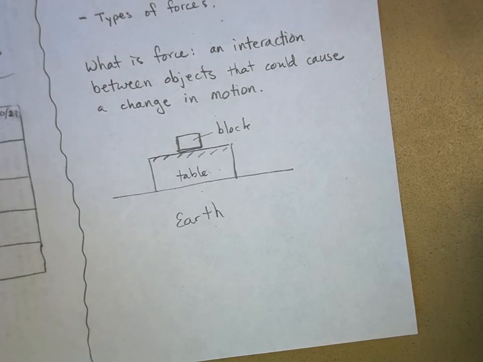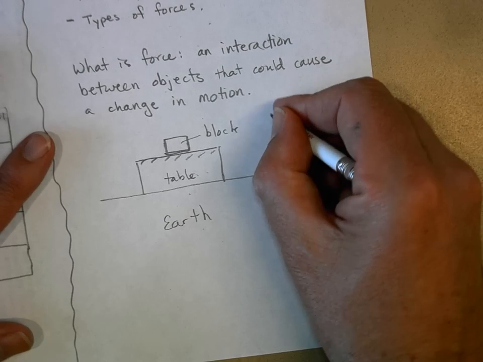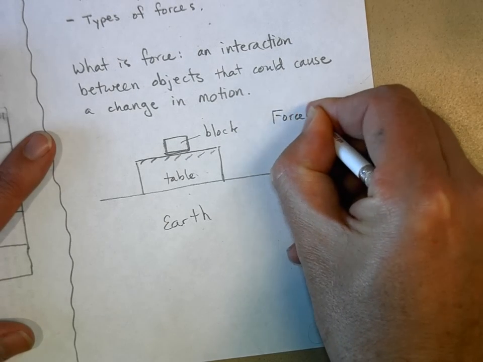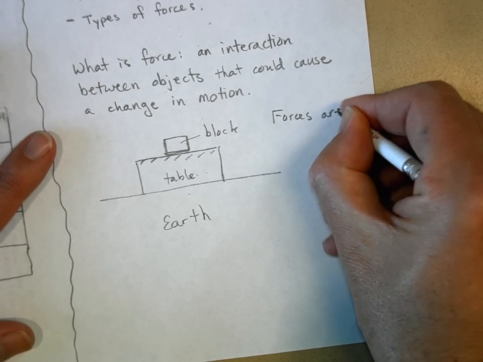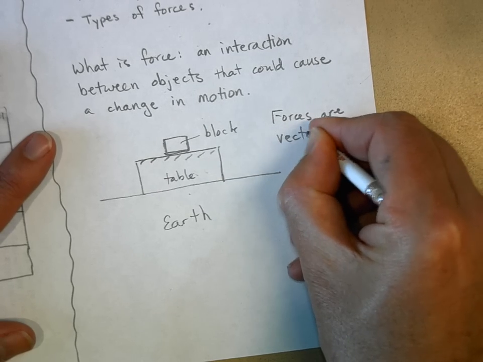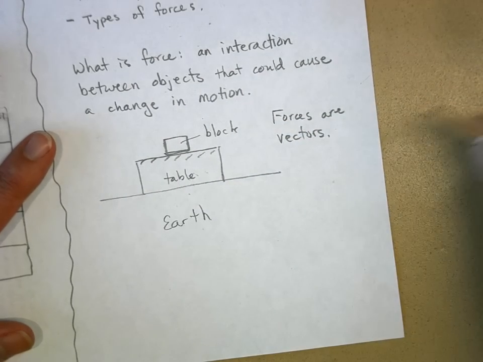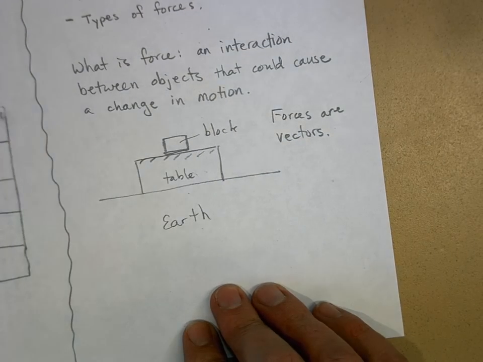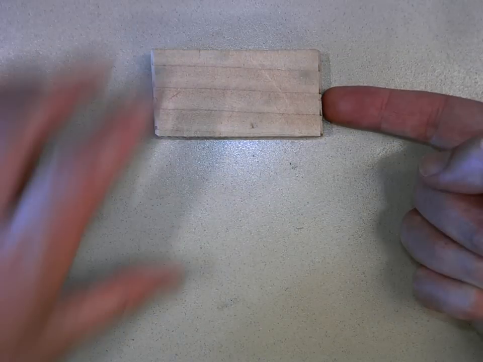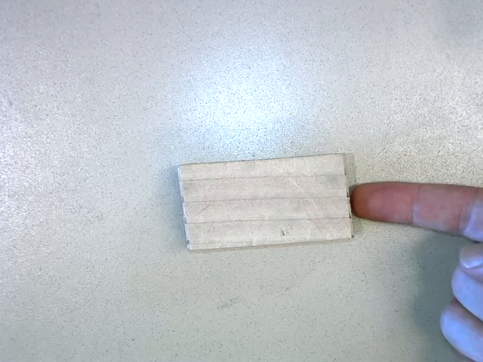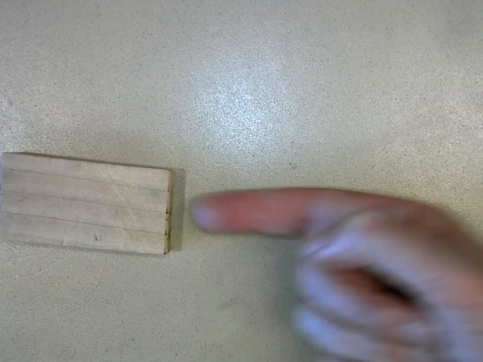Now, these forces, these interactions, are vectors. Forces, or these interactions which I'm going to call forces, are vectors. Which of course means that these interactions have magnitudes, that is how much force, and they have a direction. I can push on this little block of wood, and it goes in a certain direction, right?